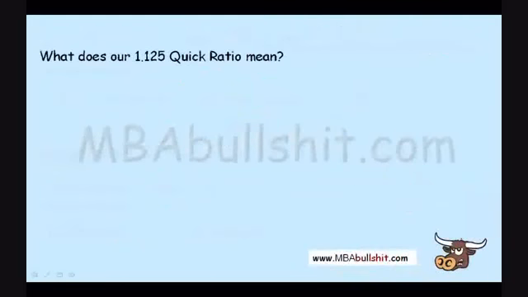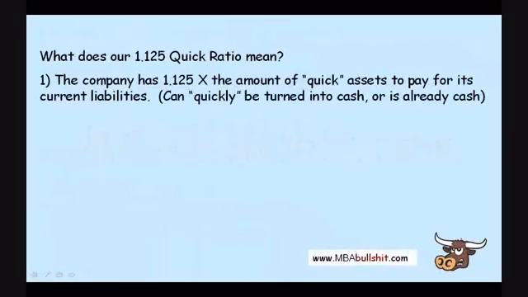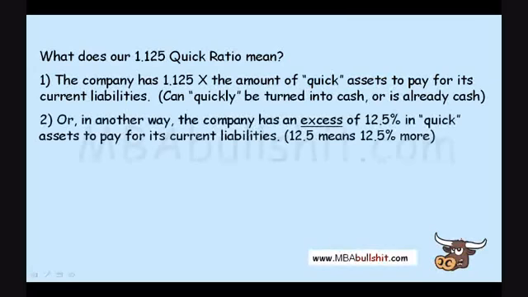What does it mean? It means that the company has 1.125 times the amount of quick assets to pay for its current liabilities. When we say quick assets, we mean assets that can quickly be turned into cash or are already cash. Or in another way, the company has an excess of 12.5% in quick assets to pay for its current liabilities. Where did we get this 12.5%?